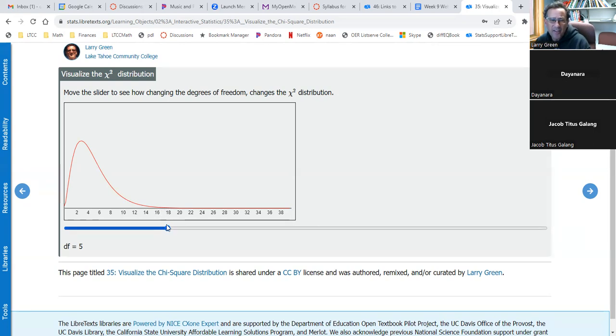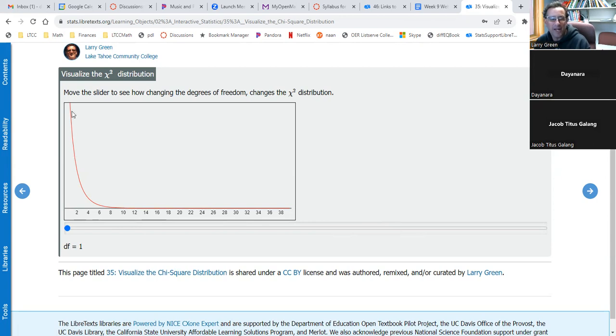Okay, it turns out there's something called degrees of freedom, which has something to do with kind of how many possibilities there are. And if the degrees of freedom is higher, for instead of 5, let's say it's 14, then you'll notice that it's still slightly skewed right, but it's looking more and more normal. On the other hand, if the degrees of freedom is 1, it's just perfectly skewed right.